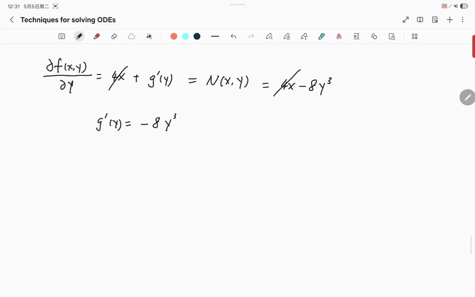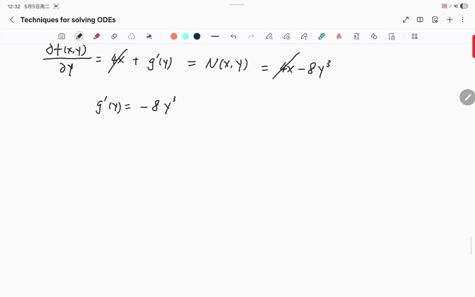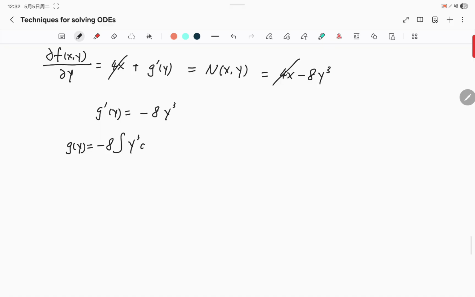And now we need to find g of y by integrating this, because after differentiation, if you integrate, it returns to what it was before. So g of y is equal to -8 times the integral of y cubed dy.